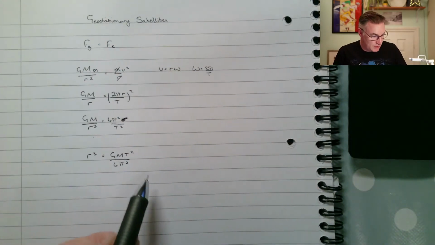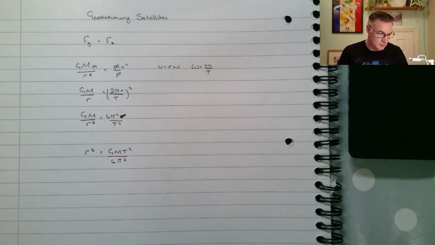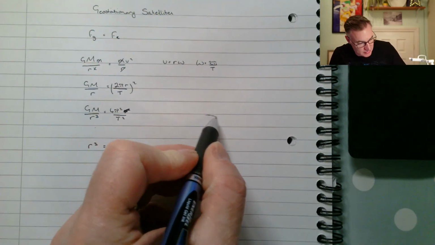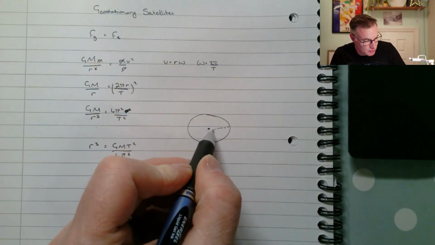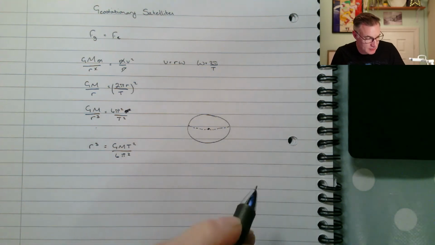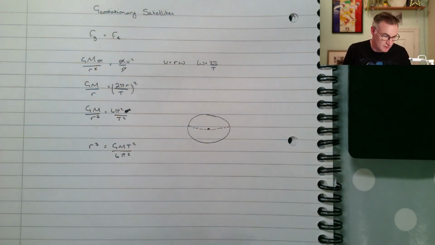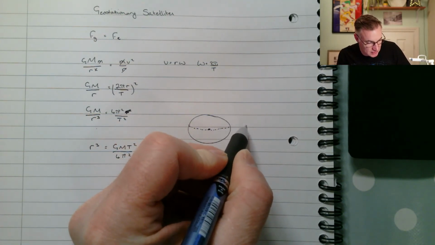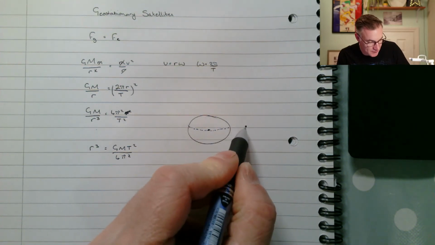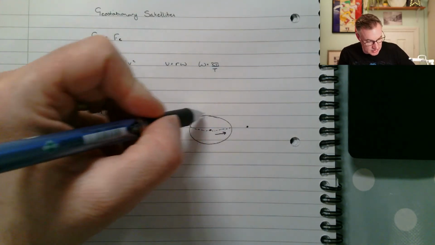and now at this point, if it's geostationary, what it means is we want one orbit to take 24 hours. And I don't know if you will remember this, but for it to be properly geostationary, it must be orbiting above the Earth's equator. It's very difficult to show on a piece of paper like this, but if this is the equator of the Earth and the satellite is, say, up here, as the Earth is spinning around in this direction, the satellite is also going to be moving around in that direction.